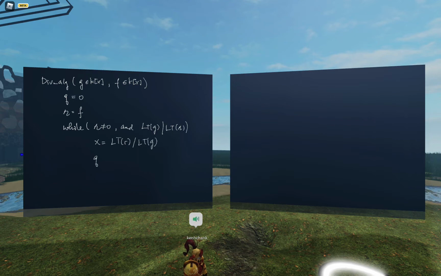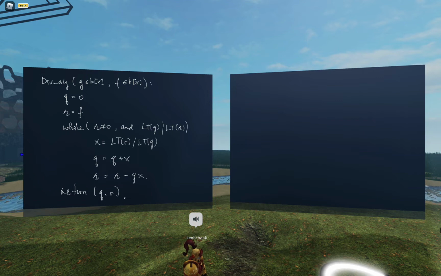We increment q by x, and then we decrement r by gx. Or is that qx? I think it's gx. So r minus gx. Once we're done here, we return q and r. As you can tell, I'm a Python man, so I indent things as we go.